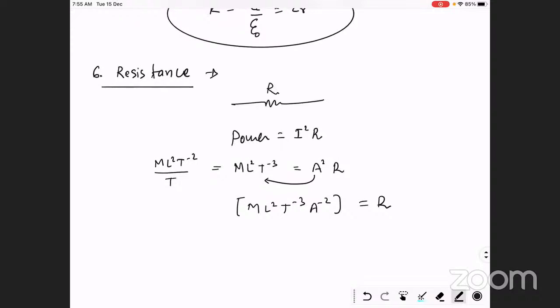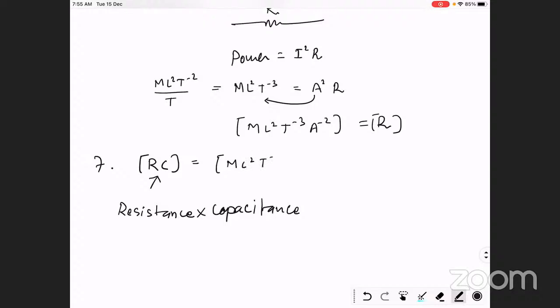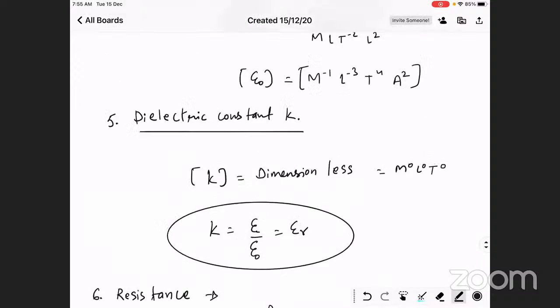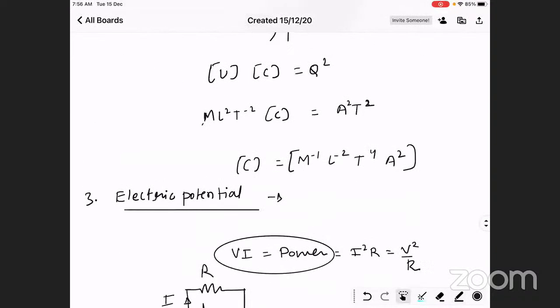The dimensional formula of RC. Resistance into capacitance. Anyone remember? Let's put the value of R. This is the dimensional formula of R. Now let's bring the dimensional formula of capacitor. Let's copy this.